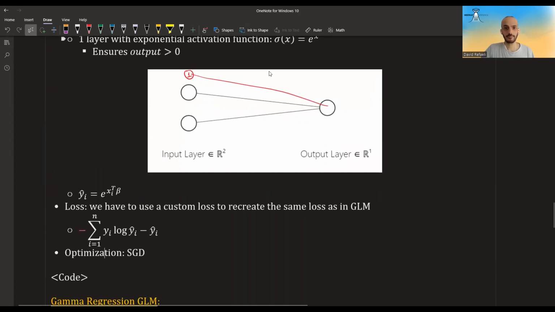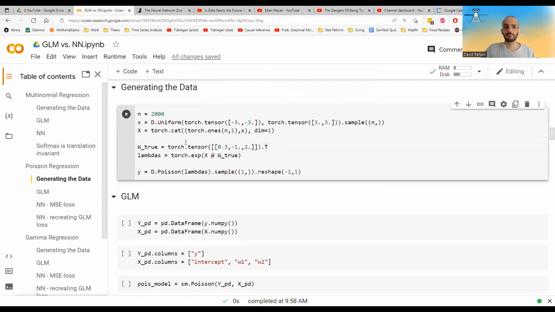Let's code this. To generate the data, I have some true parameters that I'm using, and I'm taking lambdas to be the exponent of these true parameters. And these are the lambdas. These are the parameters of the model. To create the actual data, I'm sampling from a Poisson distribution with these lambdas to get the y's.